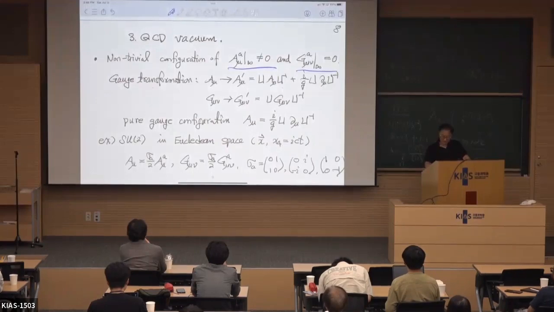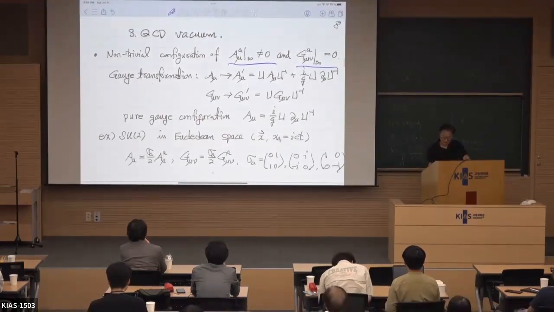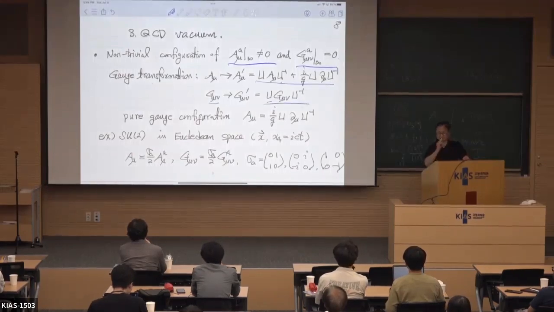You can immediately realize this: you know the usual gauge transformation, A going to A prime by some gauge transformation U. So A transforms like this, and then the field strength itself transforms like this, right?